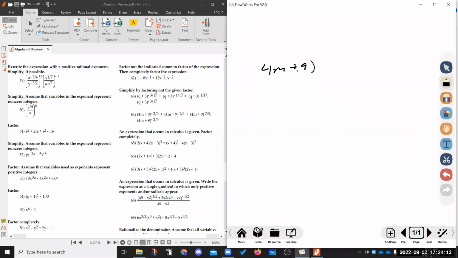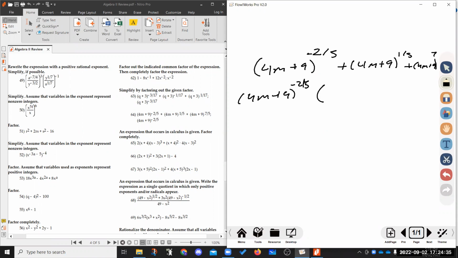(4m+9)^(-2/5) plus (4m+9)^(1/5) plus (4m+9)^(7/5). And we want to factor out this most negative exponent here. (4m+9) to the negative 2/5 is going to give us 1.